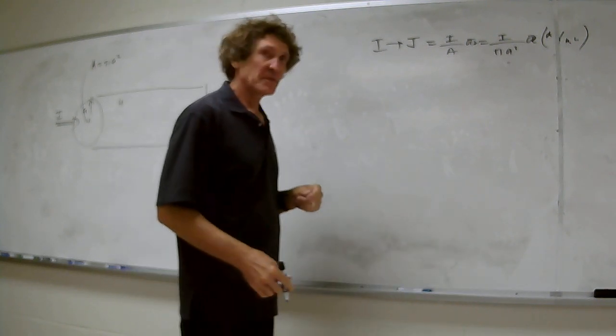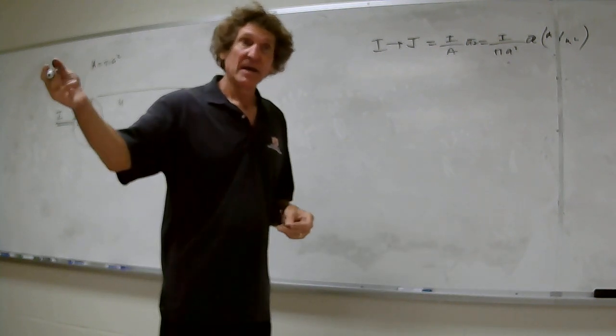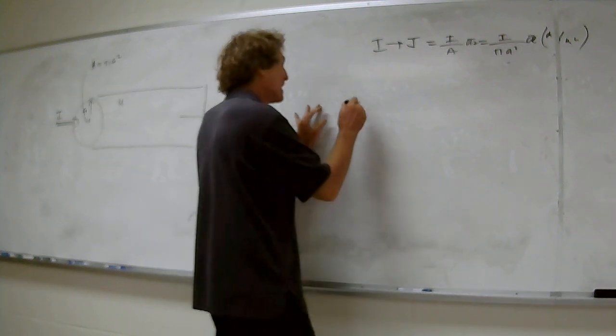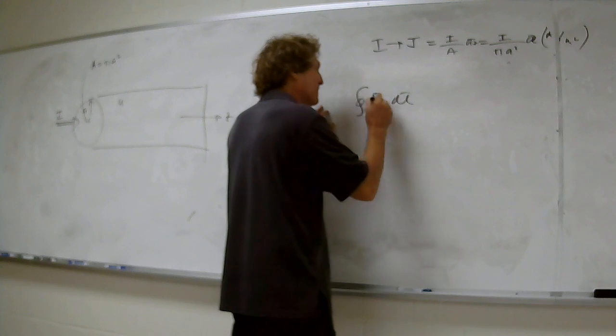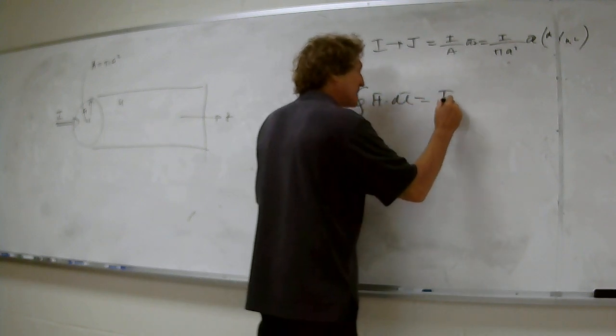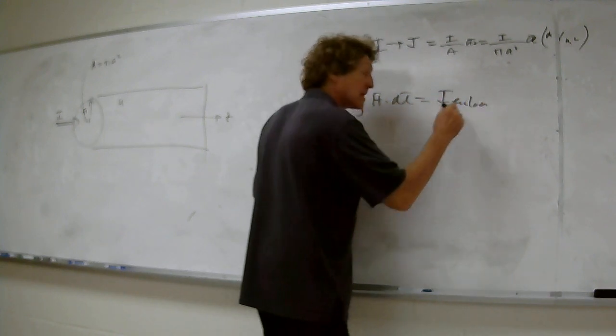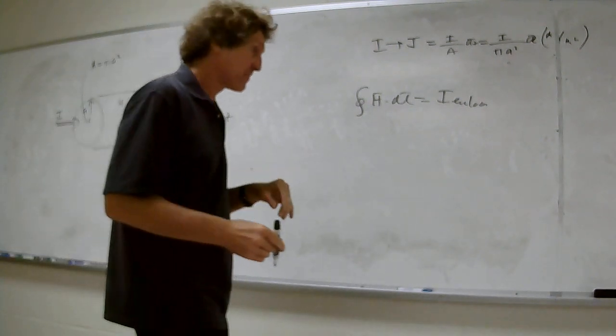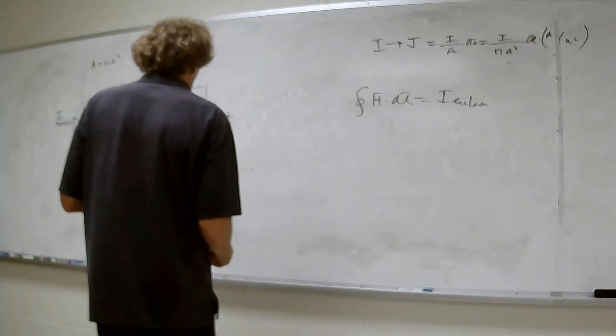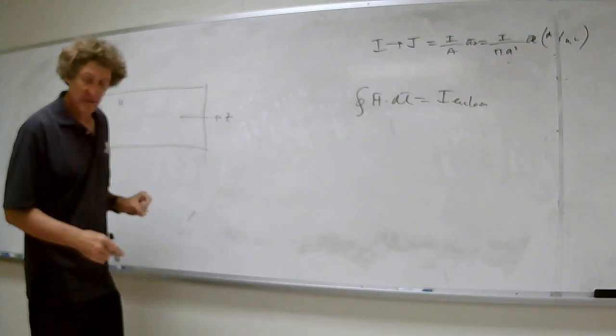Now, once I do that, here's where Ampere's law comes in. I know the integral of H dot dl is equal to I enclosed, right? We just did something like this. This is the easy one. So now I want to slow down.